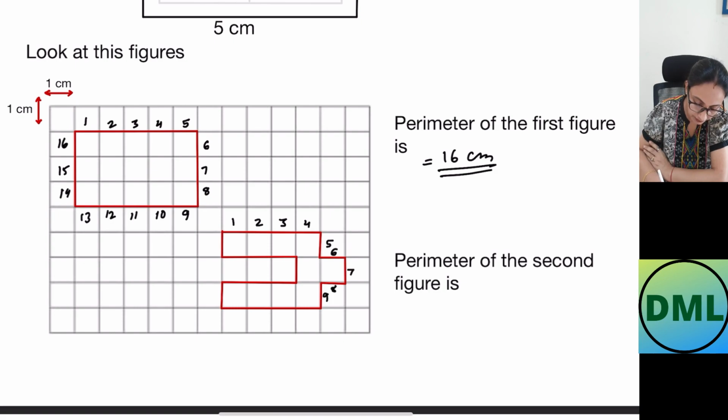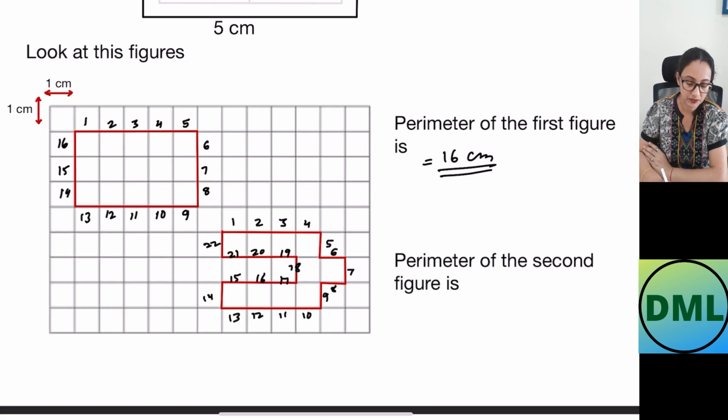Then you are going down 9, 10, 11, 12, 13, 14. This is 15, 16, 17, 18, 19, 20, 21, 22. That means I am covering 22 units along this figure. So my perimeter for this figure will be given by 22 centimeter.